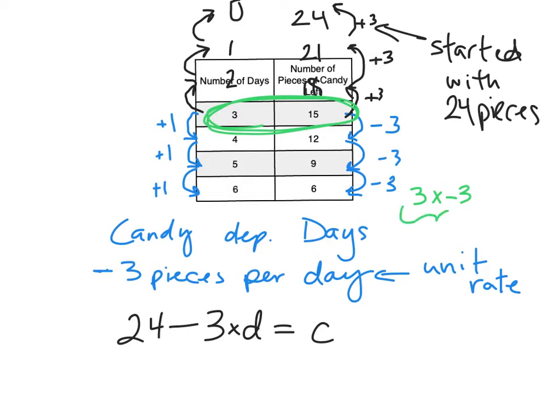So that means they would have eaten 9 pieces of candy. But they now have 15 in their bucket. So they must have started with some. And that gap is 24. So we can think, working backwards, if they already ate 9 pieces and there's 15 left in the bucket, they must have started with 24. So this is our equation.